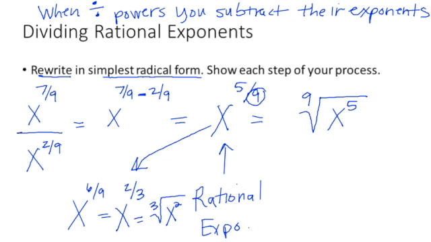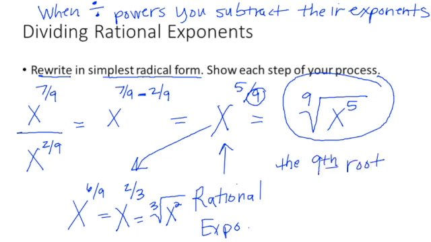But I think it is very important for you to know how to pronounce this answer. How would we read it if we were reading it aloud in a classroom or in a textbook? It would be read like this: the 9th root of x to the 5th power.